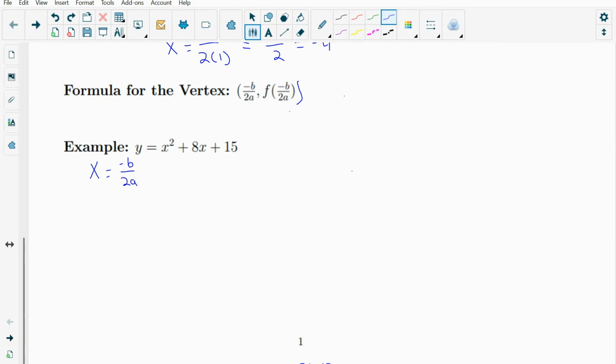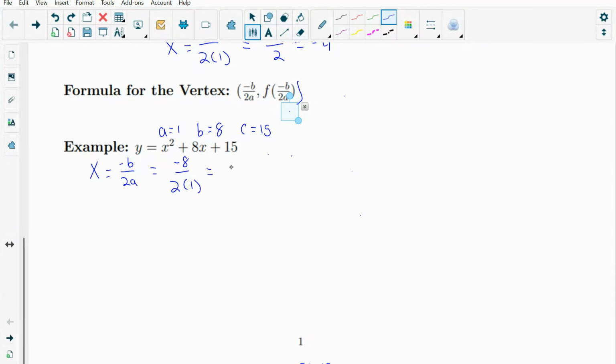Looking at my quadratic here, my a value is going to be 1. My b value is going to be positive 8. And my c value is going to be 15. So negative b over 2a gives me negative 8 over 2 times 1.